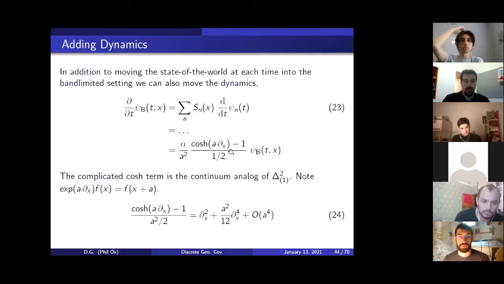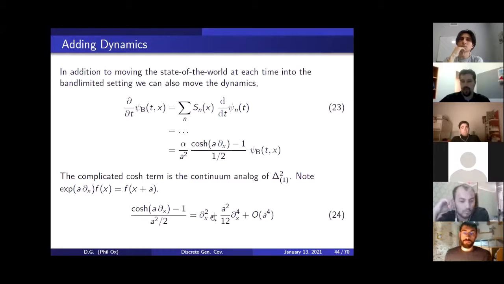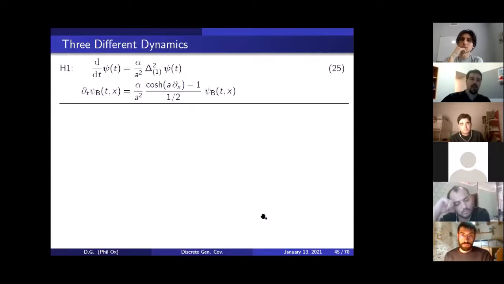Anyway, if you expand this cosh thing as a series in a, you see that at lowest order, it's just the derivative squared, right? So this would give back the continuum heat equation, but then we have these other terms coming on here. Okay, let's call that whole theory H1, 1 for nearest neighbor, right?